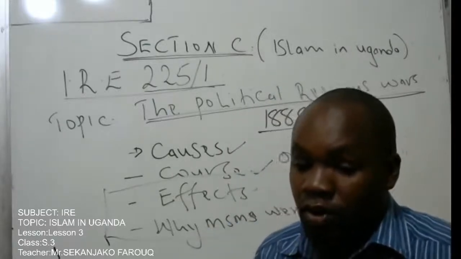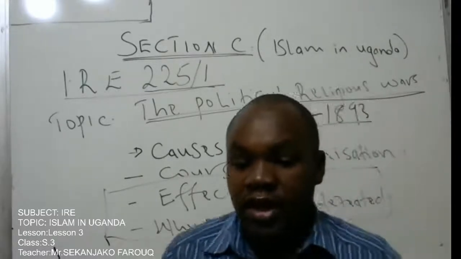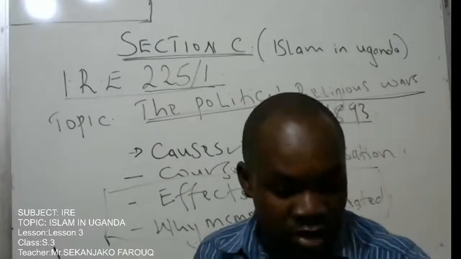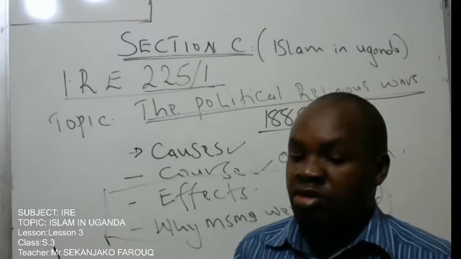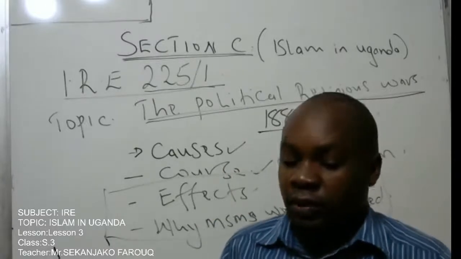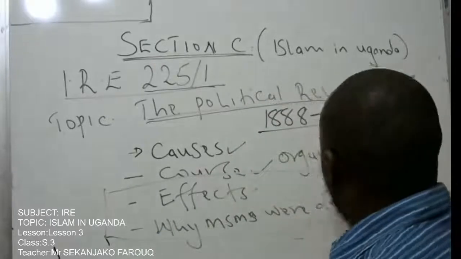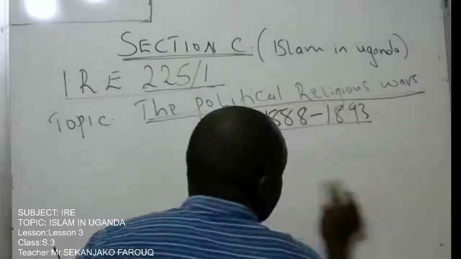Briefly, you need to know that the religious wars in Uganda were the clashes between the Muslims and the combined parties of the Protestants and Catholics. In other words, there were 3 major parties in this clash.